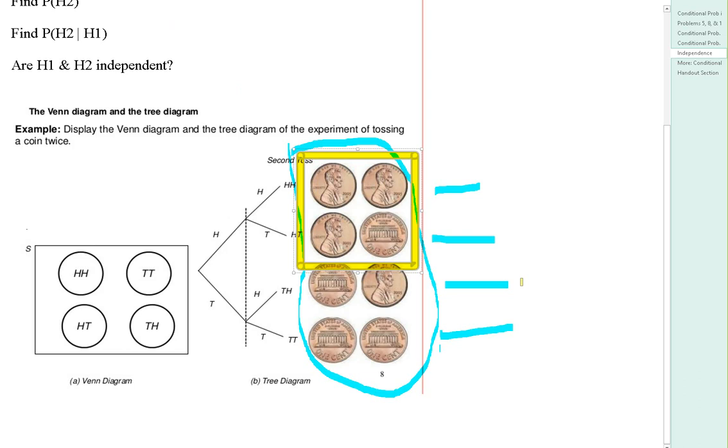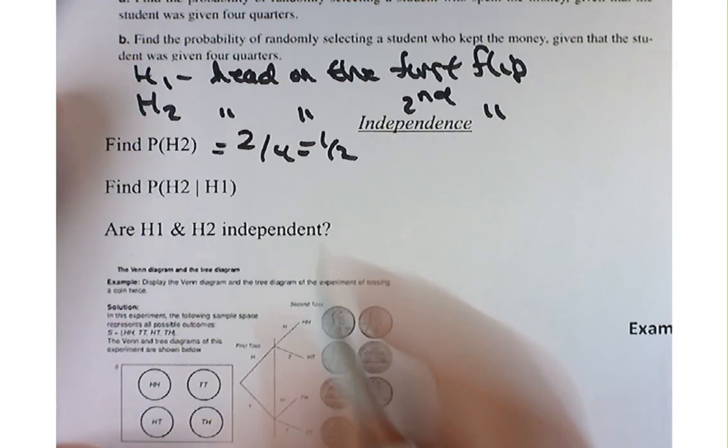That's your new sample space. And of those 2, what's the probability that you get a head on the second flip? Still 1 out of 2.